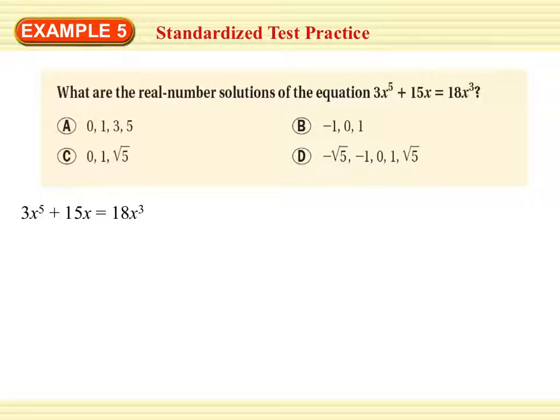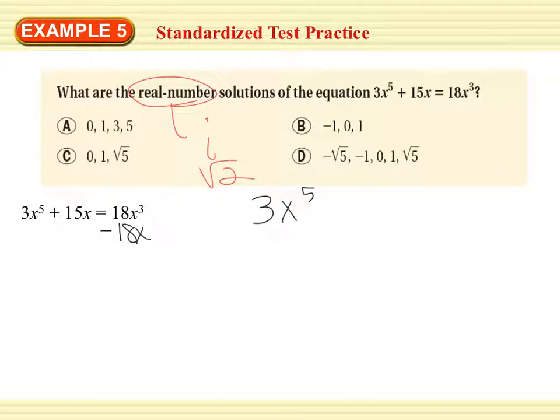What are the real number solutions of the equation given? When I say real number, that means I'm not going to talk about anything with an i or anything irrational. Okay? Real number solutions. So first we have to put this in standard form, from the highest degree to the lowest.